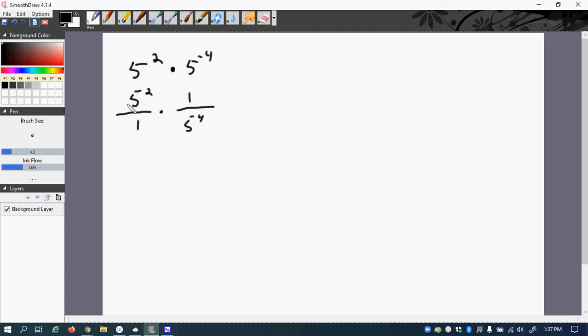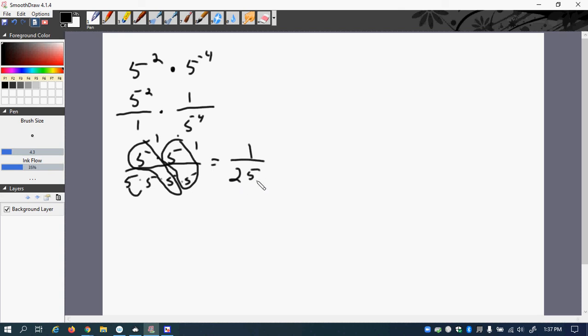So 5 times 5 is in the numerator, and there are 4 fives in the denominator. This 5 divided by this 5 is 1, and this 5 divided by this 5 is 1. So 1 times 1 is 1, but I still have two 5's in the denominator, and 5 times 5 is 25. So 1/25 is my answer.